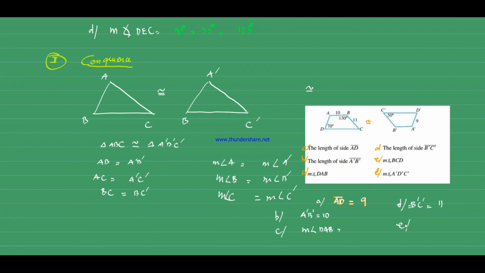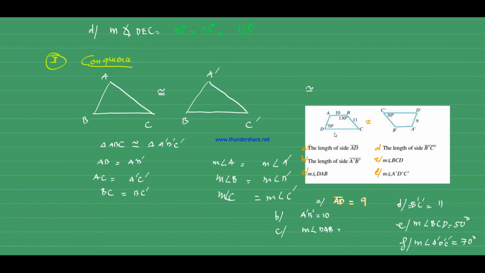Okay, E is BCD. So BCD is congruent to this one, so BCD will be 50 degrees. And angle A prime B prime C prime will be 70 degrees.